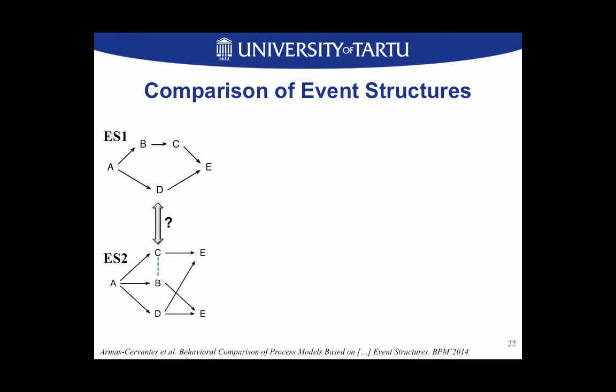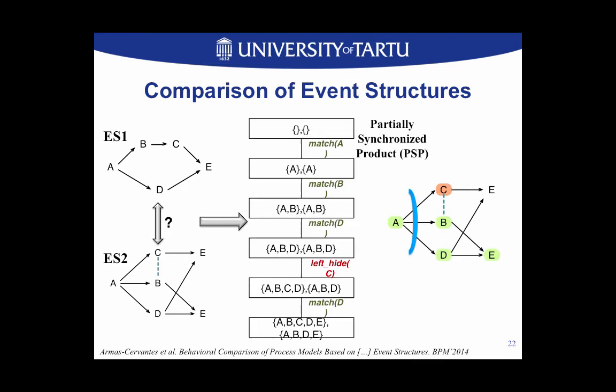So I can map behavioral equivalence problems to isomorphism testing problems or graph distance calculation problems. So if I have two process models, I can calculate their event structures, and I can compare them and check whether they are equivalent, and if not, why they are not equivalent, by essentially doing some graph distance, error-correcting graph matching.